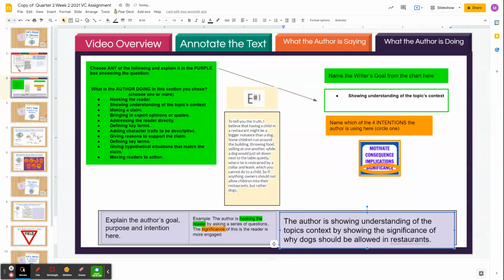So notice how so much depends on that what the author is saying skill because I used some of that vocabulary even in my explanation.